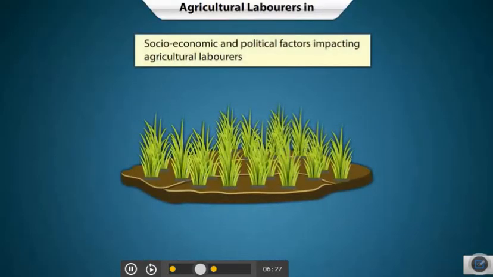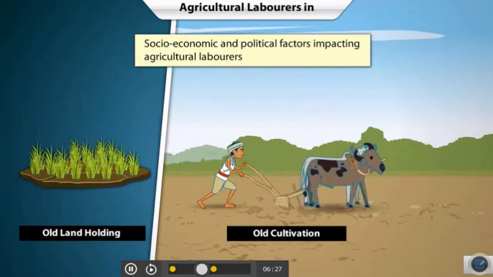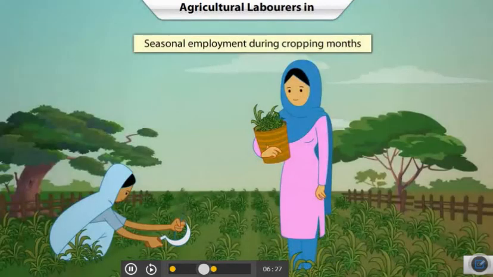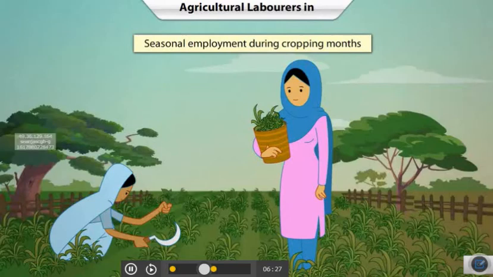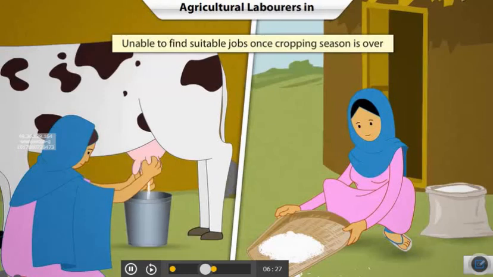Various socio-economic and political factors such as old land holding systems, old cultivation methods, and illiteracy also impact the laborers' livelihood. Most of these laborers are employed seasonally during the cropping months, but they are unable to find suitable employment for the remaining part of the year.